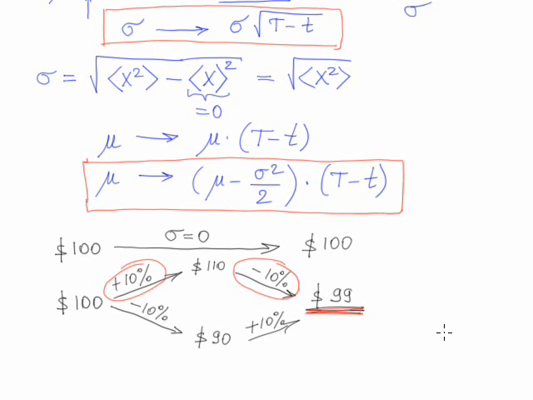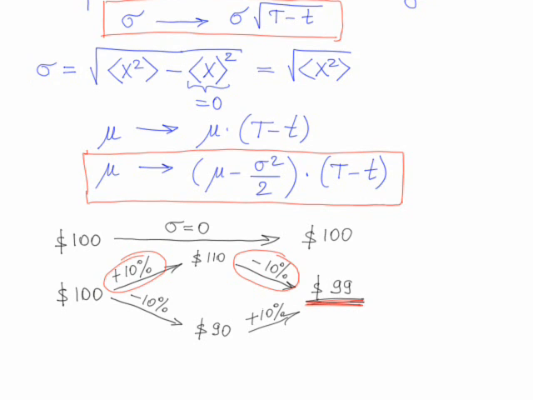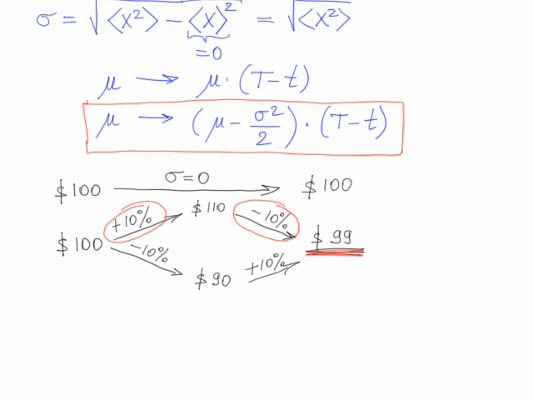Let me show in a very simple way why this happens. Let me just write a well-known formula: 1 minus x times 1 plus x is equal to 1 minus x squared, and we assume that x is small.